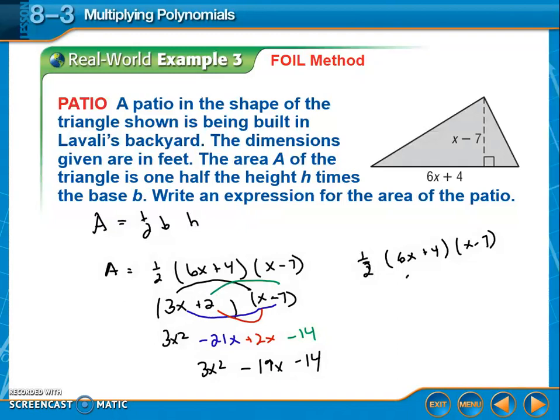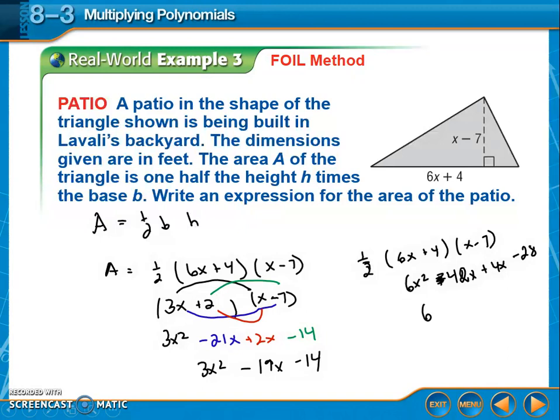Okay, and I'll just do this one really quickly to show you that it gives you the same answer. So the first term is 6x squared. Outside terms is plus 42x. My inside terms plus 4x, minus 42x. And then my last terms is minus 28.